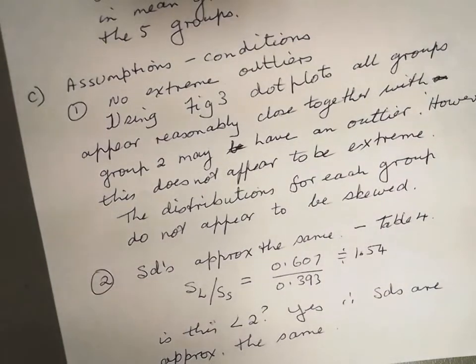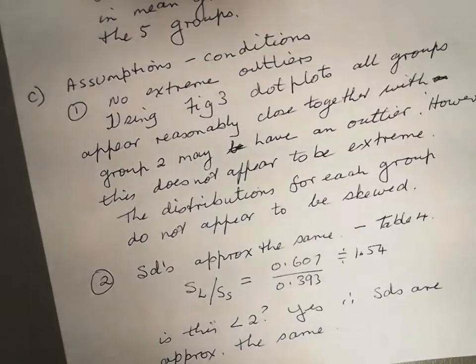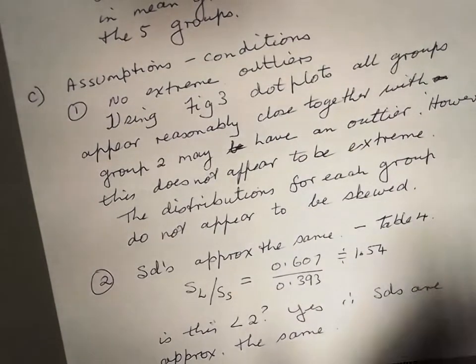This question was a bit bigger. It was one of the longer questions. It was worth 6 marks, so approximately 12 minutes to answer that, and that was quite easily done if you knew your work and if you had information on your study sheets to help you do that. Like, for instance, you didn't have to think about the conditions because you had them written down. No extreme outliers, approximately nothing appearing skewed, standard deviations approximately the same.